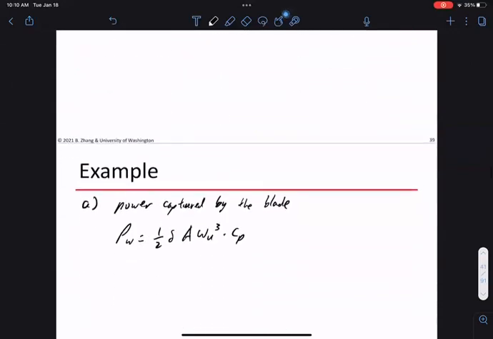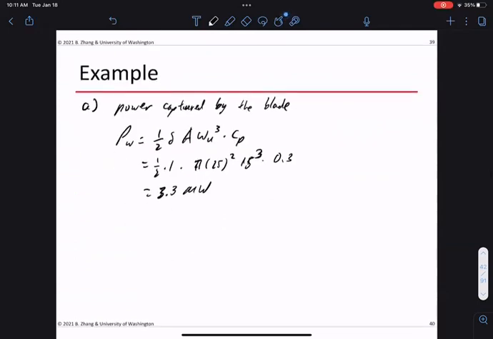So I'll put everything in: half times 1 times pi 25 squared, 15 cubed times 0.3. All of this comes together to give the power captured by the blade. With this coefficient of performance, this gives you 3.3 megawatts. This is the mechanical power we get. Let's see at the end of the day how much power we get out as we generate.